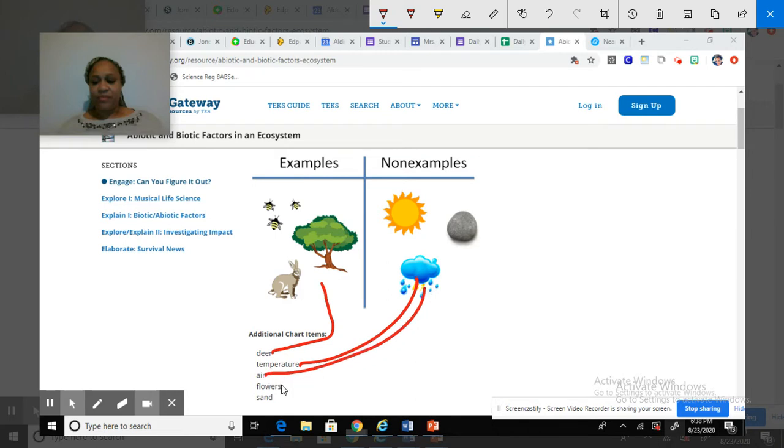And then the flowers. Of course, we are going to put the flowers right here. And then we have sand. Now, is sand alive? Of course not. Right there with the examples. I know y'all got that. I know you did well.